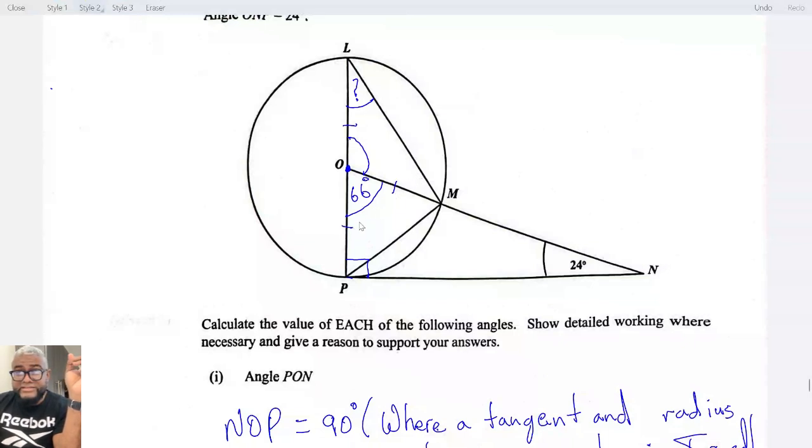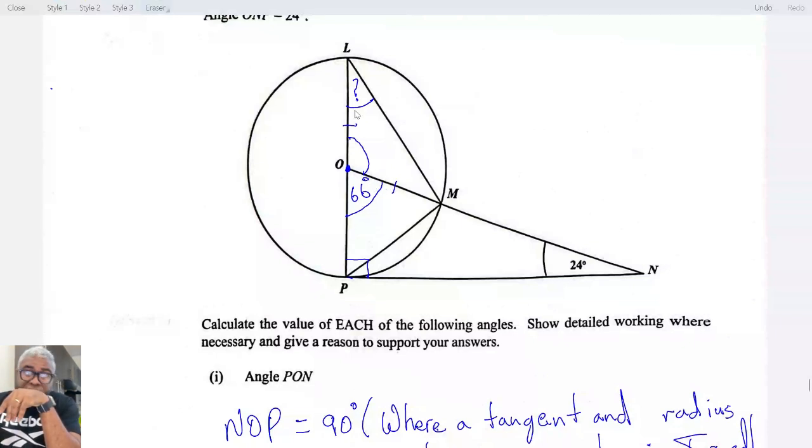Or you could have said this is our radius, this is our radius, so these two would have been equal, then you would still have had to implement that 90-degree angle here, and then proceed to find here. Or you could say the angle between a tangent and a chord is equal to the angle in the alternate segment. You see how many different routes you can take? I think the first method is the easiest. I will take the first one I stated.